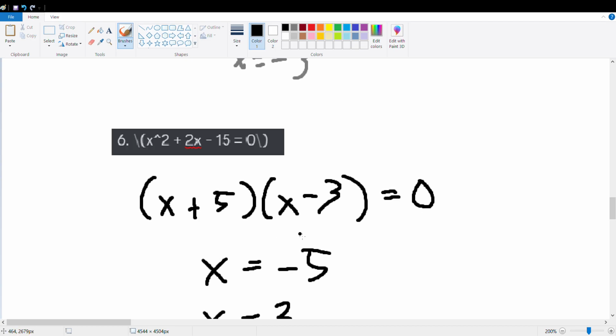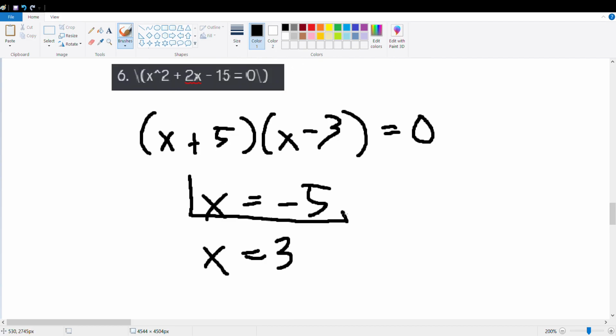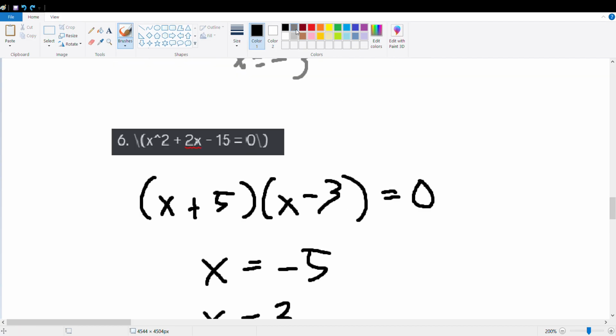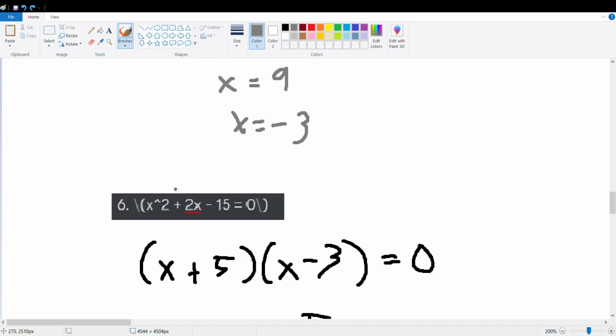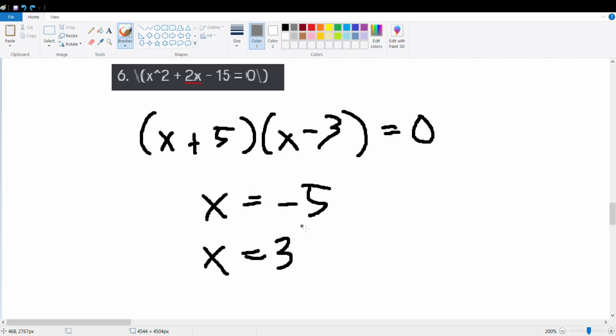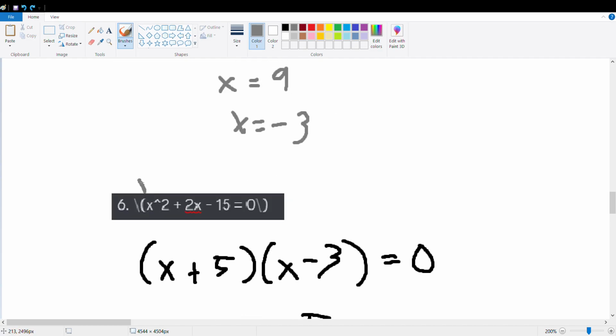If you want to check if this is right, we basically just substitute the values of x and hope that it equates to 0. So let's try negative 5. Negative 5 squared is 25 plus 2x, so 2 times negative 5 is minus 10, and minus 15 equals 0.